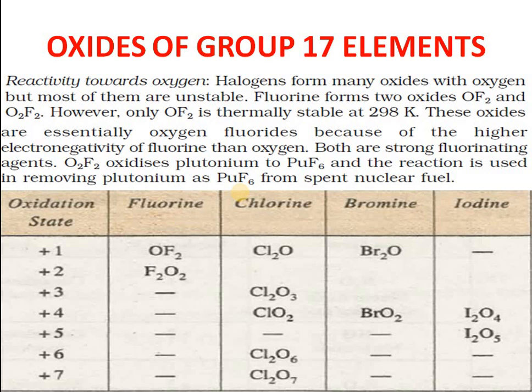And who has done that? Fluorine. And therefore fluorine is a very good oxidizing agent. If I talk of fluorine, chlorine, bromine, iodine, the most reactive and best oxidizing agent is fluorine.